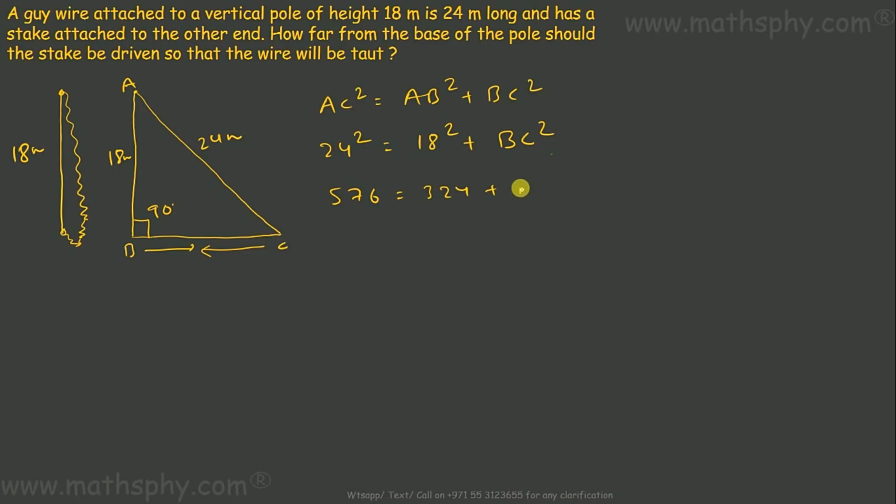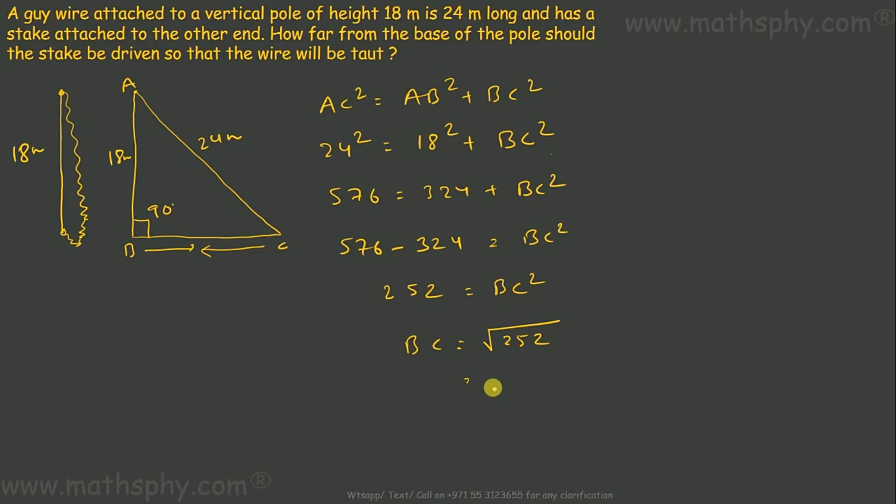324 plus BC square. So this will be 576 minus 324 equals to BC square. This gets you 252 equals to BC square. So BC is root 252.